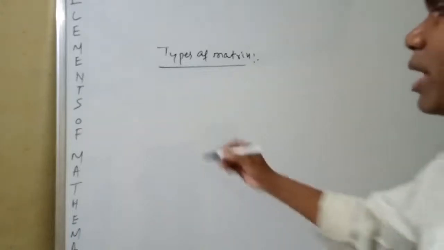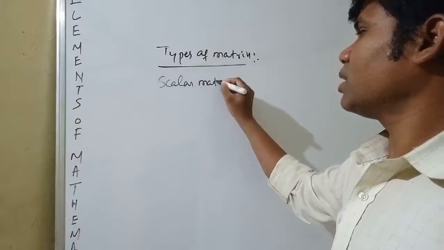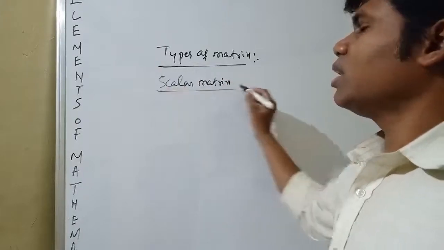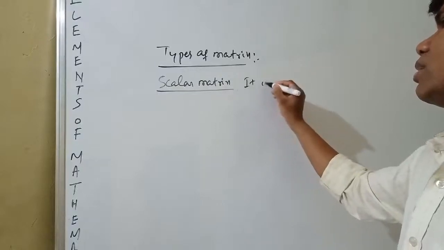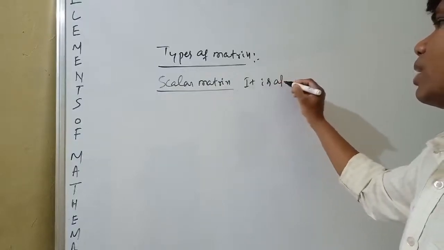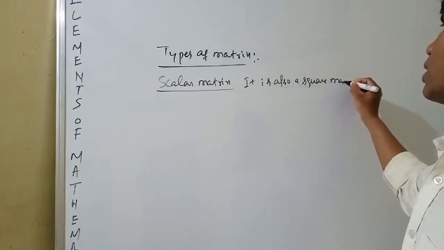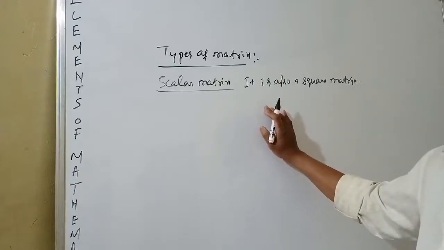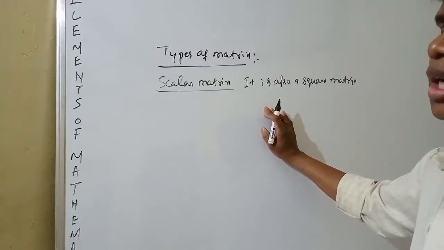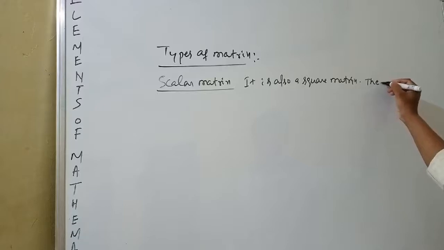Next, come to the scalar matrix. A scalar matrix is also a square matrix. In this matrix, the leading diagonal elements are equal and other elements are 0.